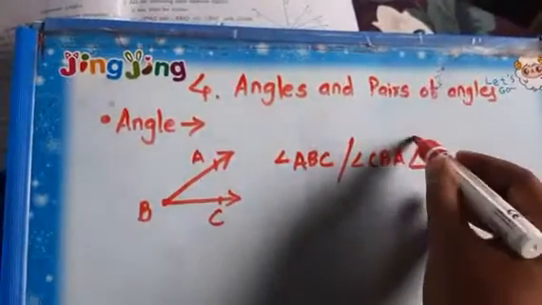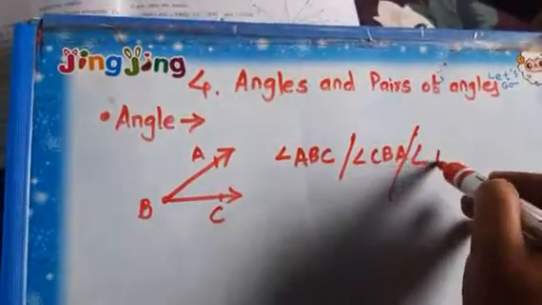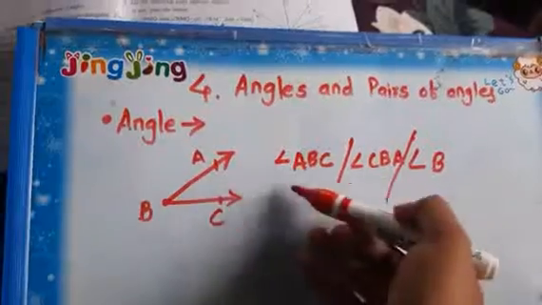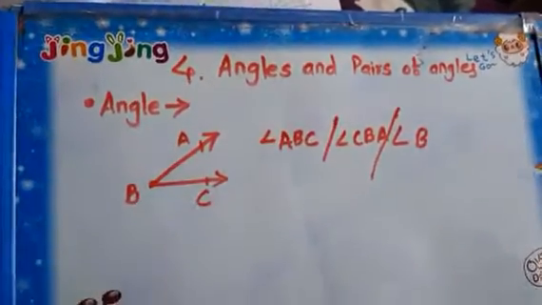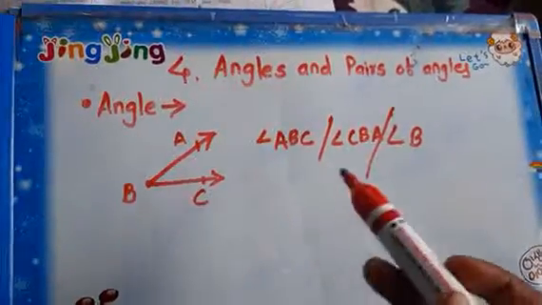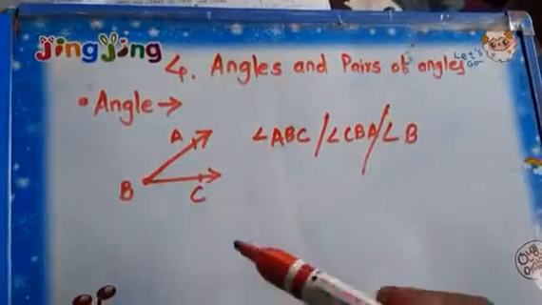So we can write it as only angle B. These all three ways are right. In all these ways we can write the name of this angle.